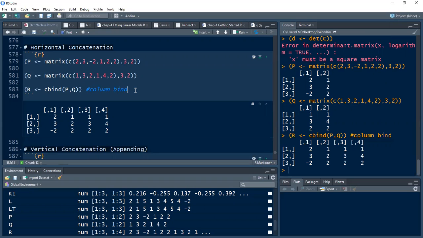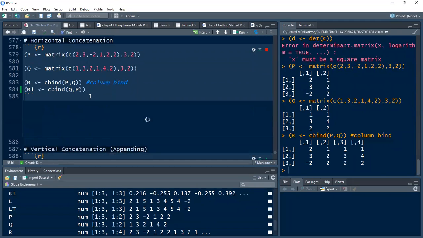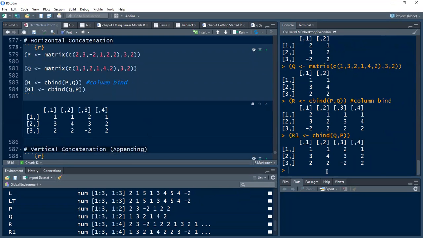If it was the reverse, okay, Q then P, let's call this R1. So let's column bind Q, then P. Okay. So for this one, okay, what do you notice?